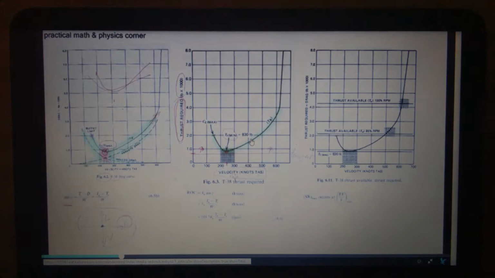When you look at the diagram, take a first look at what two values it is relating to each other, in this case speed and thrust required, and in which units we are talking about those things. And it even tells you here, in this case the thrust required would be 830 pounds based on this diagram, because it's the minimum point down there.